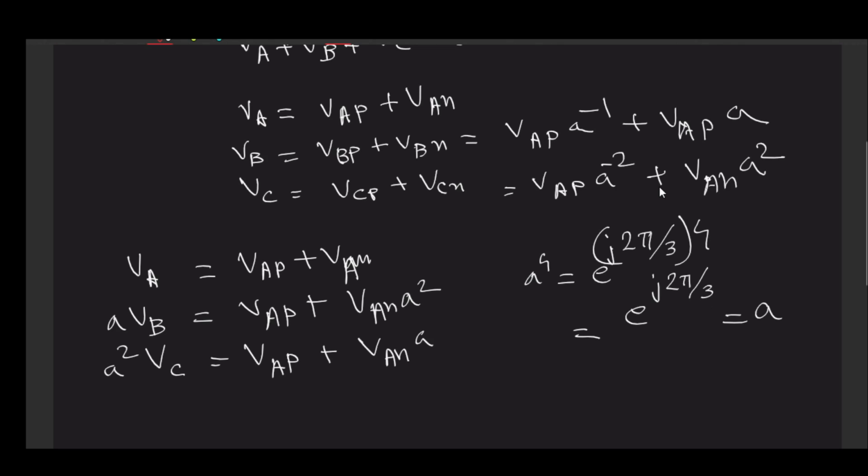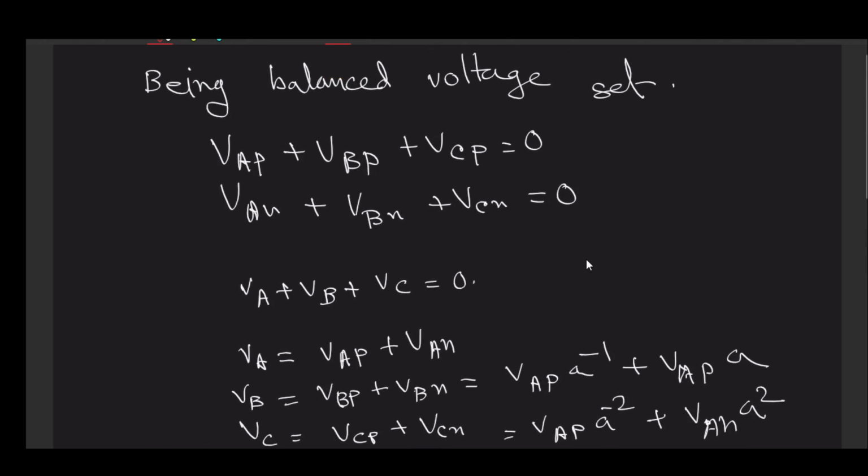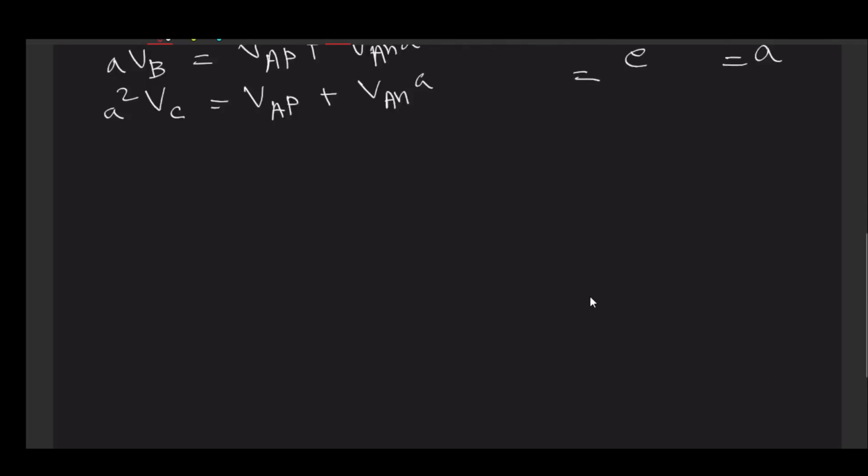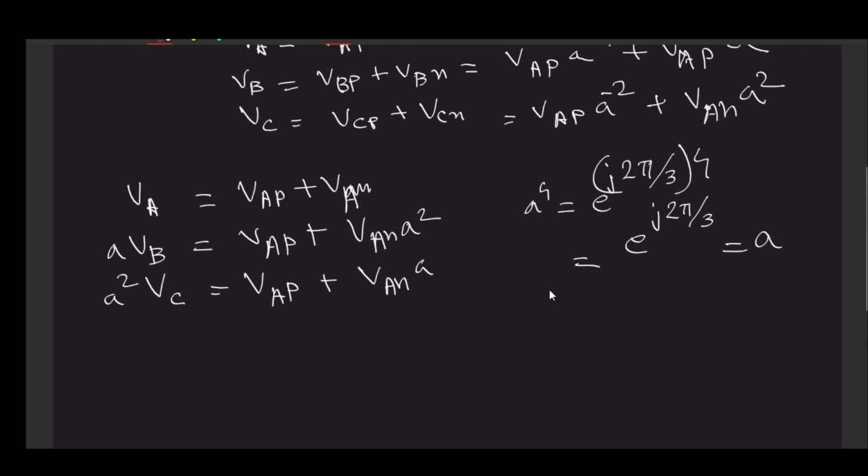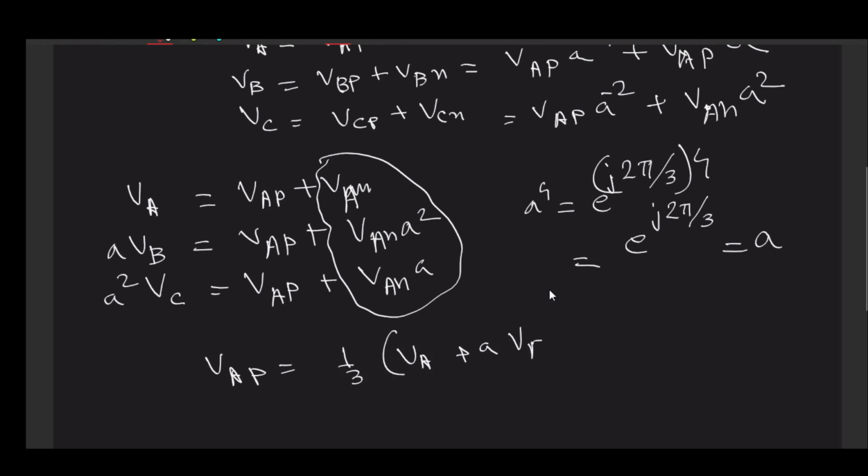Now what we know is that, being a balanced set, what I wrote here, VAN, you can write it like this. True. This line implies this line. So if that is the case, then if you add this, they will vanish, and you will get VAP is equal to 1/3 of VA plus A VB plus A square VC.